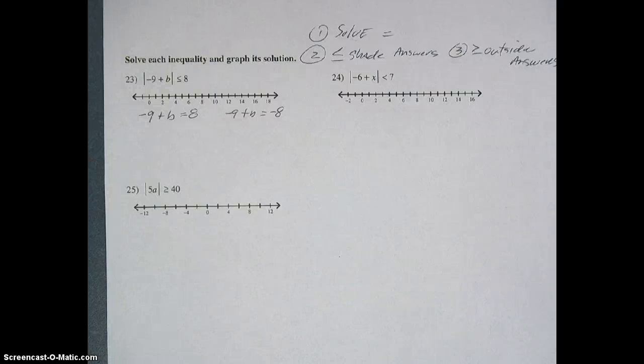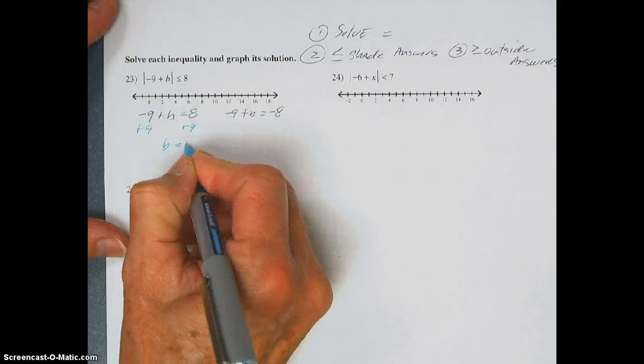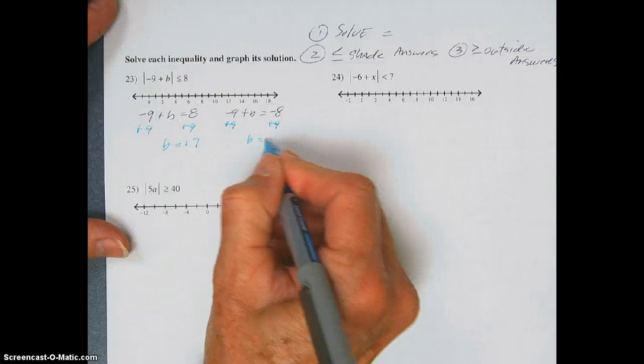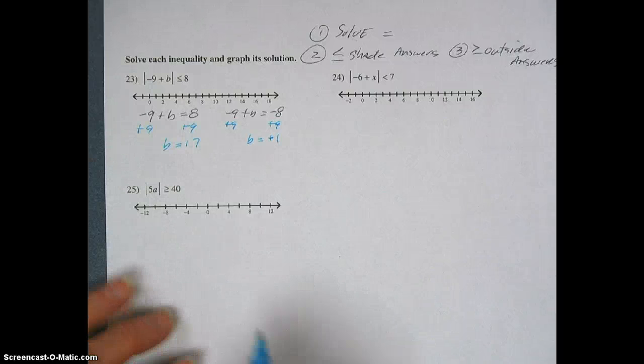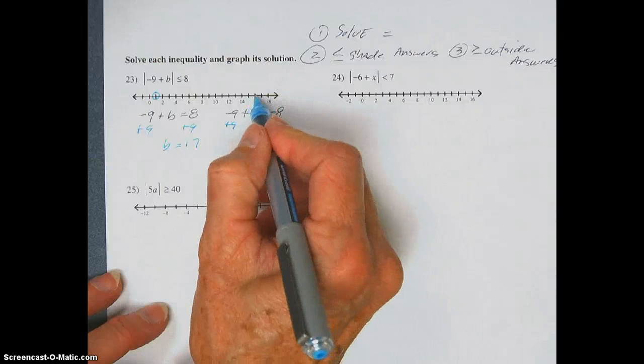So if I just do a quick add 9, I'll get b equals 17, or add 9 here, I'll get b equals a positive 1. So my answers for equal to are a 1 and a 17.